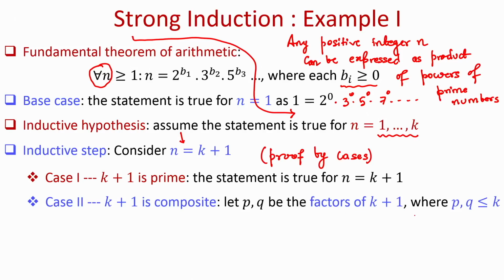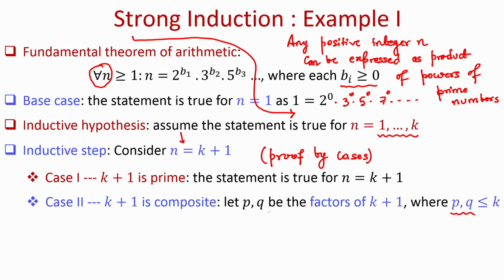Now, since p and q are factors of k plus 1, both of them are upper bounded by k. It can't be possible that p is k plus 1 or q is k plus 1, because if p is k plus 1, that means the number itself is a factor of itself, which implies that k plus 1 is a prime number, not a composite number.